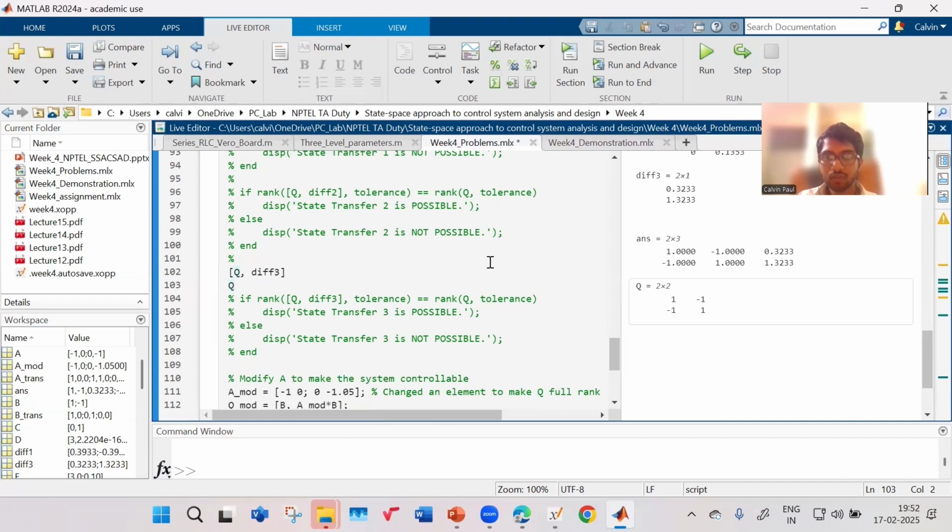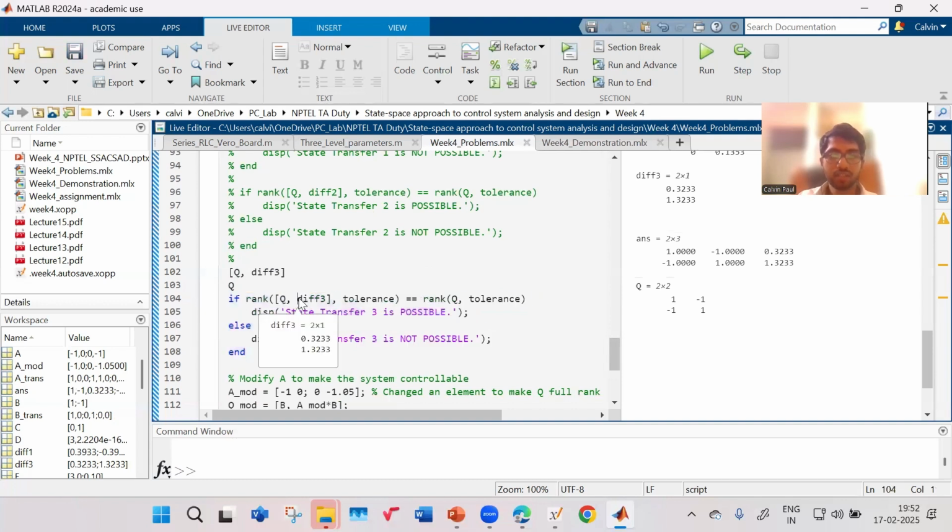Now the rank of Q comma difference of 3 and the rank of Q have to be equal. If they are not equal, then the state transfer is not possible, right? That is what I am checking. The condition is, if the rank of Q comma difference of 3 is equal to the rank of Q, then we say that state transfer 3 is possible. If it is not, then state transfer 3 is not possible.